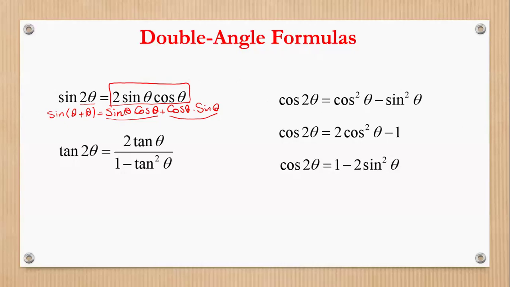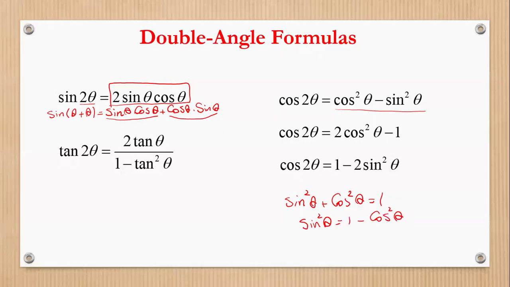But for cosine, we actually have 3 formulas, because the actual formula for the cosine of double angle is cosine square minus sine square. But in the fundamental identities, we learned that sine square plus cosine square is always equal to 1, which means sine square is always 1 minus cosine square.